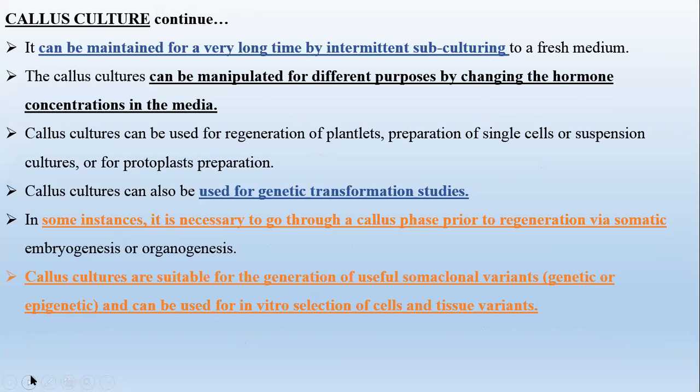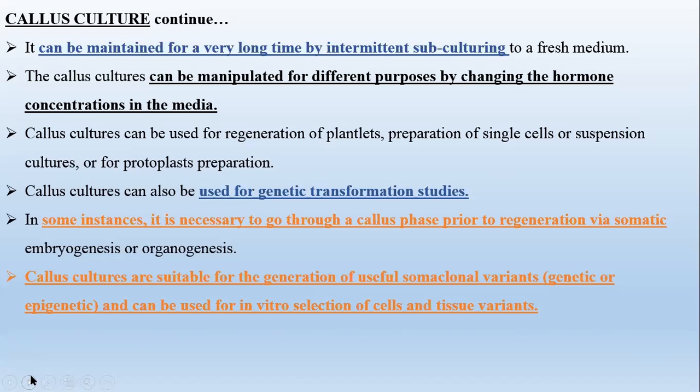Next, it can be maintained for a very long time by intermittent subculturing to a fresh medium. The callus culture can be manipulated for different purposes by changing the hormone concentration in the media. So in callus culture we are able to maintain the callus for a very long time. We just need to subculture it, and subculturing means what?